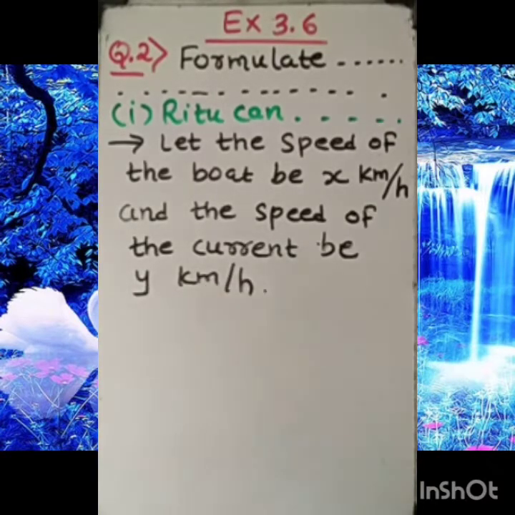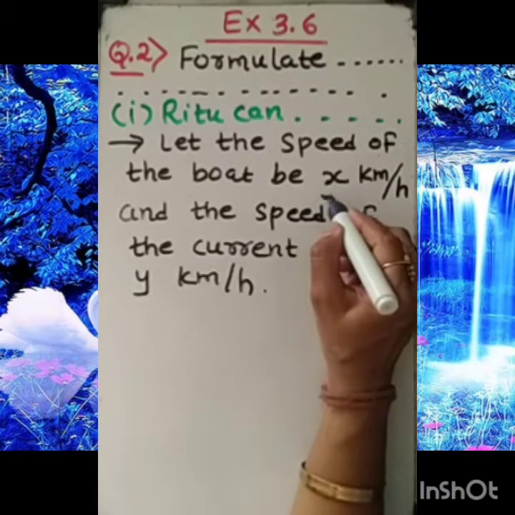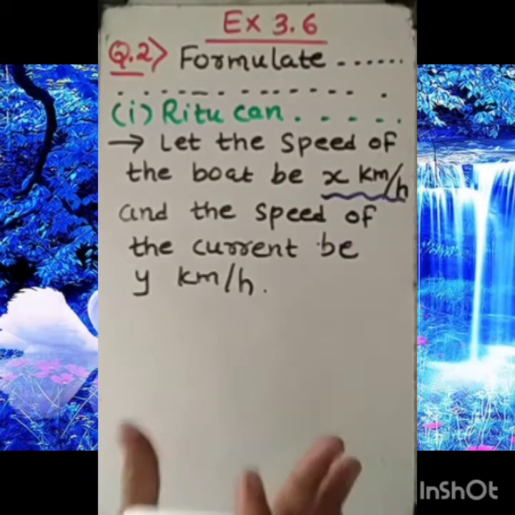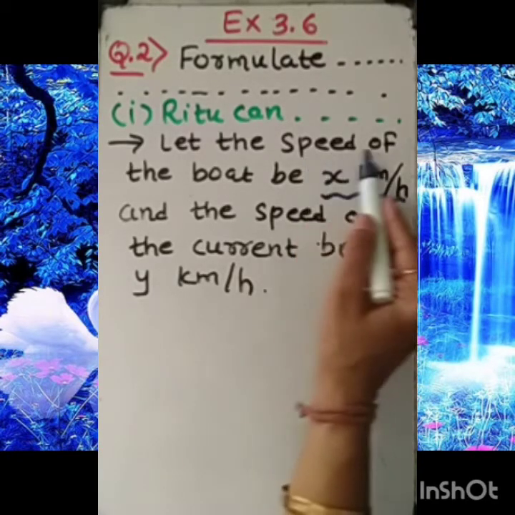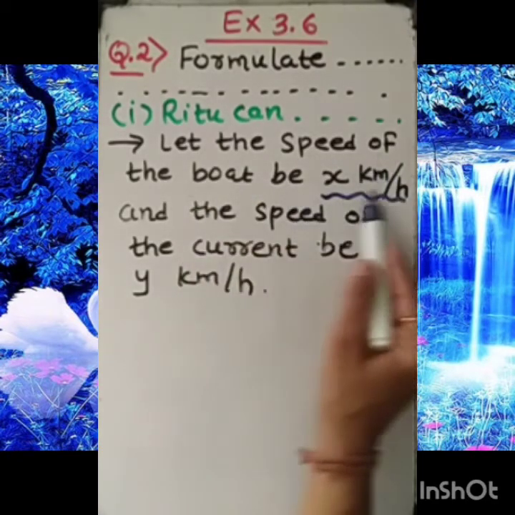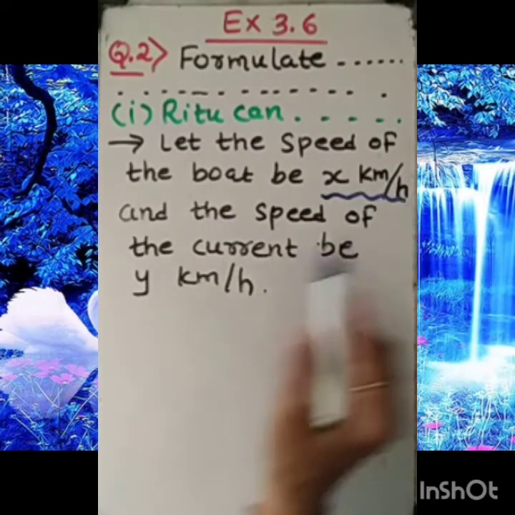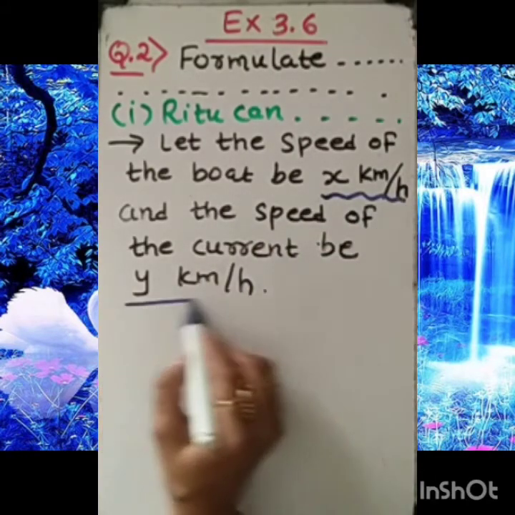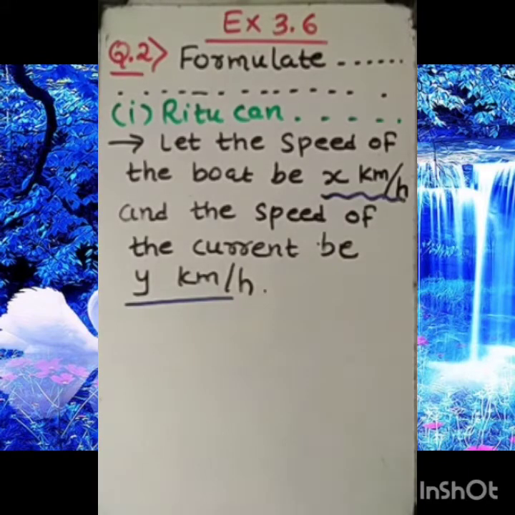These two things are very important, which are already asked in the last line of the question. They are asking us to find the speed of the boat and the speed of the current, so I refer to these two things from the last line.